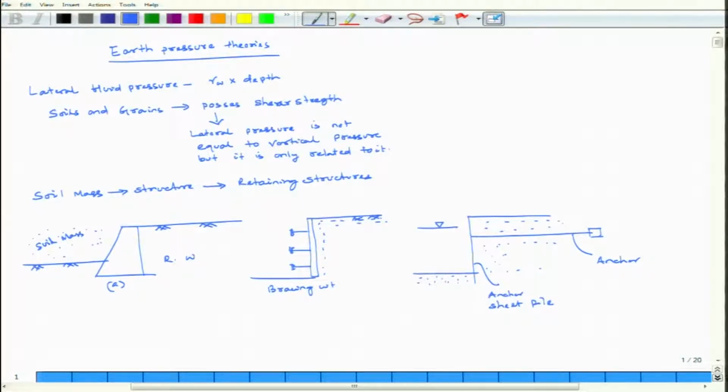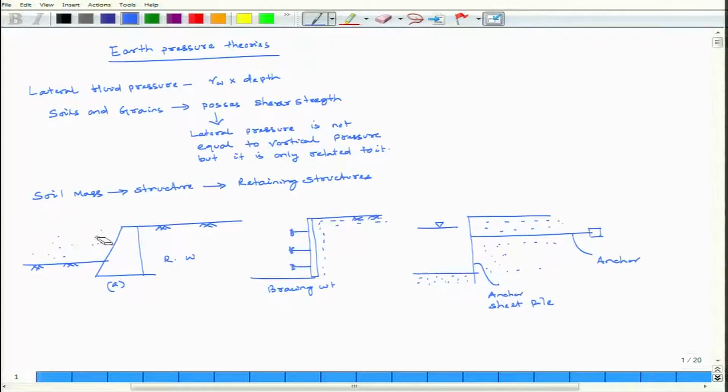So in this case you can retain the soil mass here, or you can retain the soil mass elevated from here, or retaining wall is there, or you can retain either this side or this side.